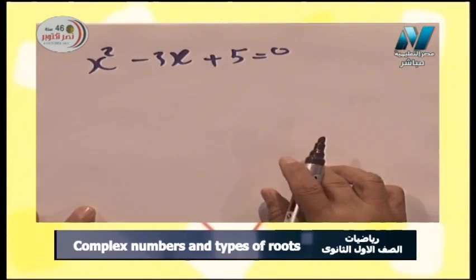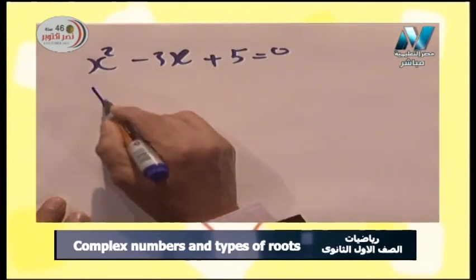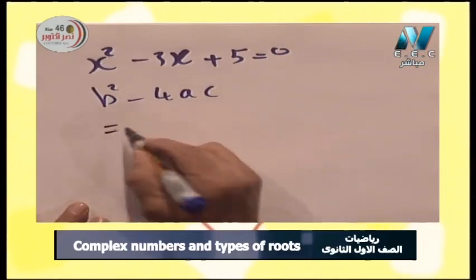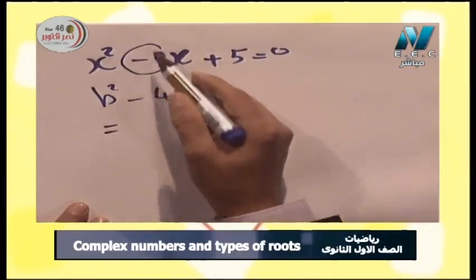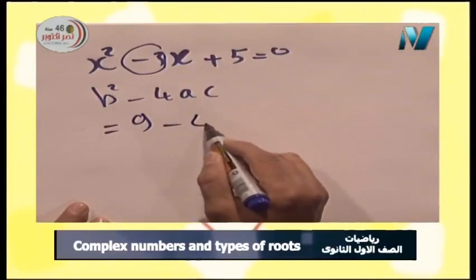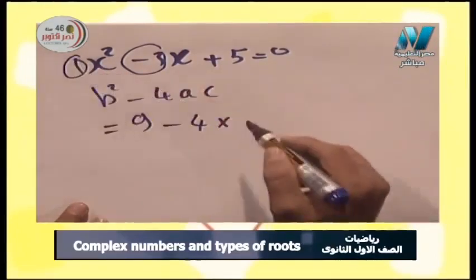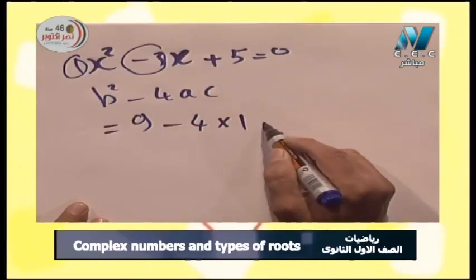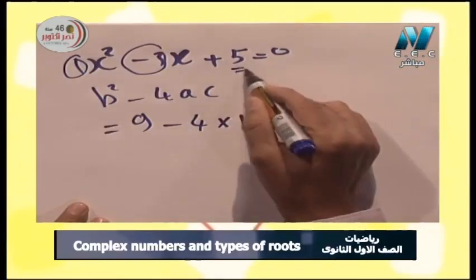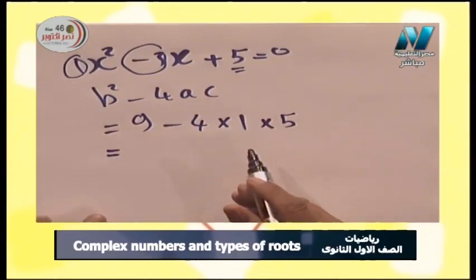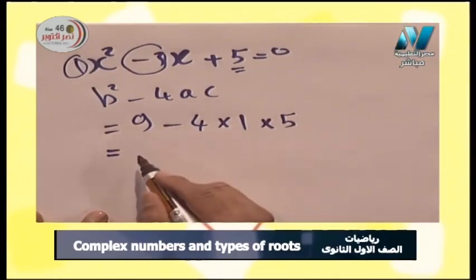Let's calculate the discriminant: b power 2 minus 4ac. We have b equal to negative 3, so b power 2 is 9, minus 4 times a, which equals 1, times c, which equals 5. So the final answer equals negative 11.